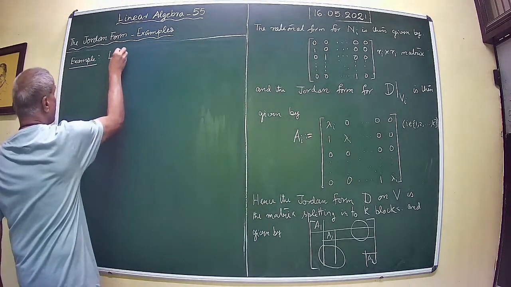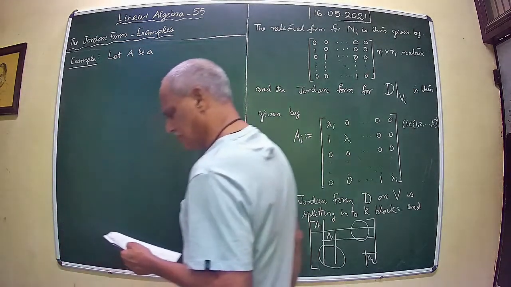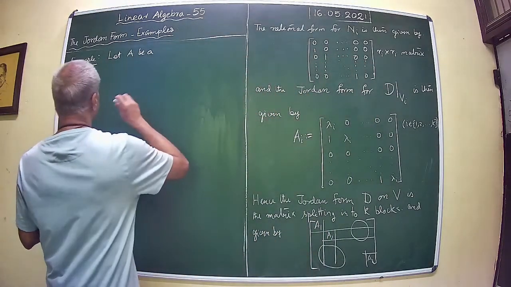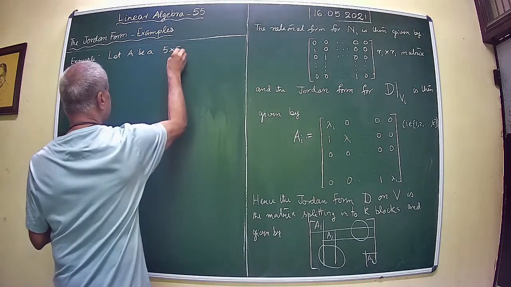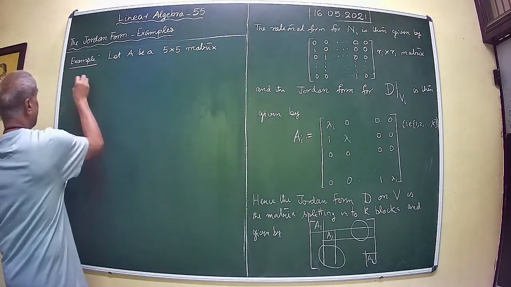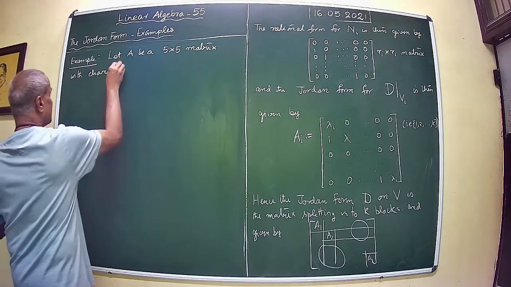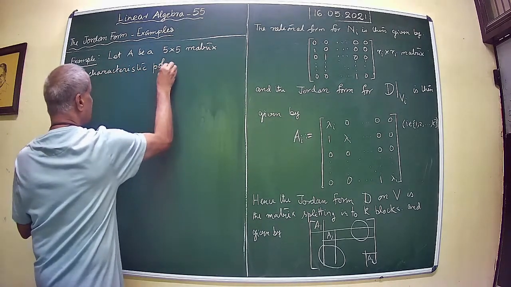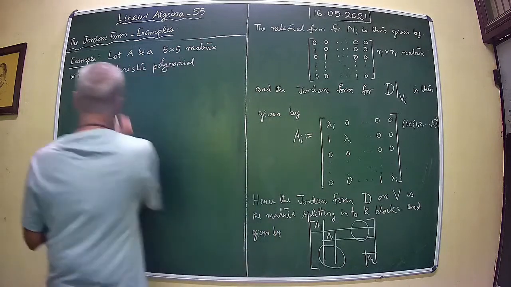Let A be a 5 by 5 matrix with characteristic polynomial F and a minimal polynomial whole square. It's a very specific example which will give some visibility into the working.